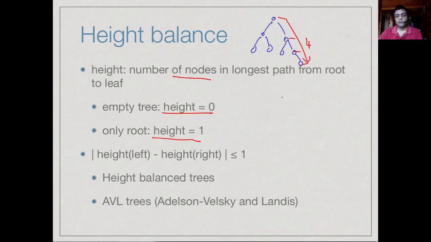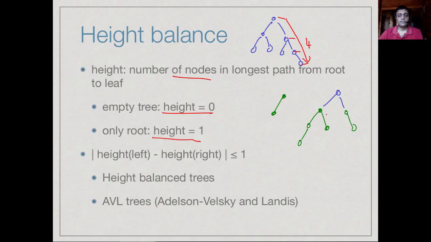For example, I could start with a height balanced tree like this, and then connect this to form a height balanced tree like this. And now this, which is a height 3 tree, I can connect with a height 2 tree, and form a height balanced tree which looks like this.